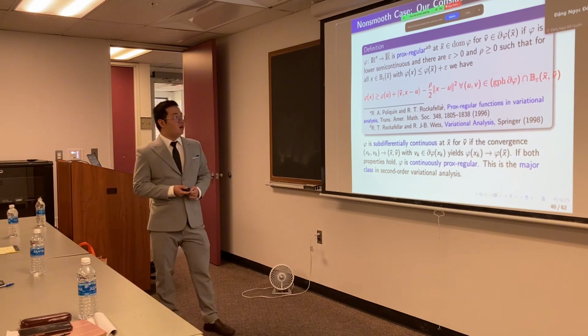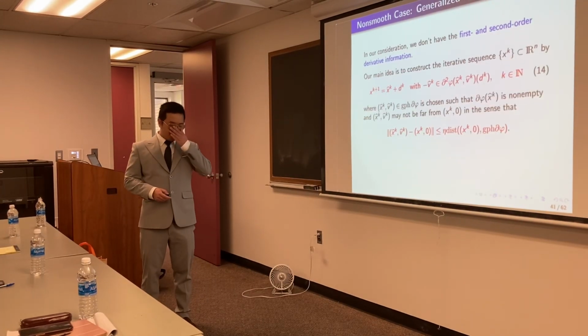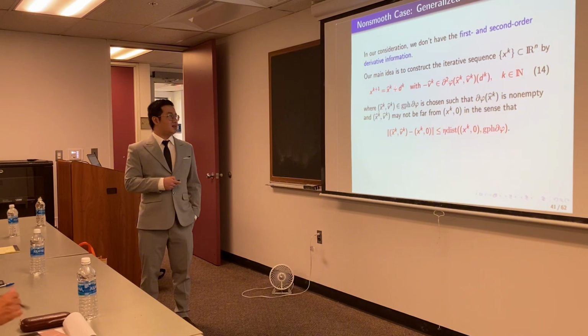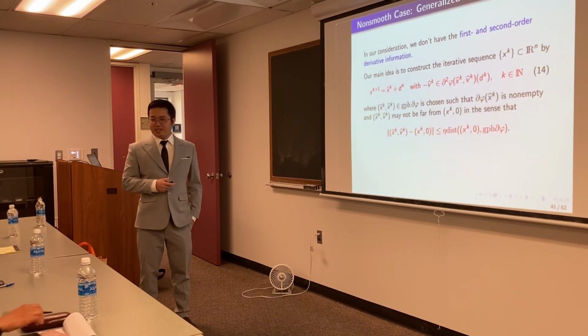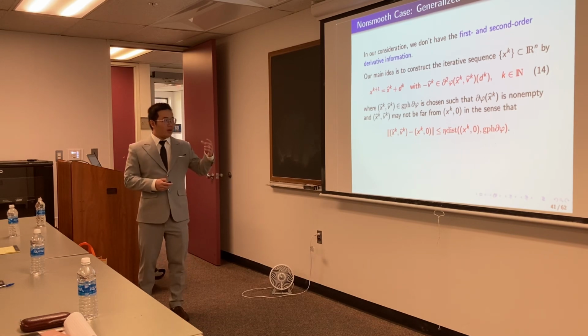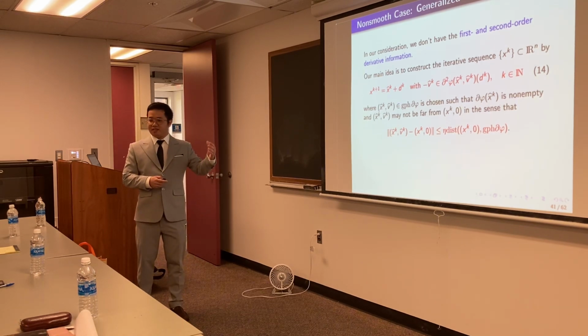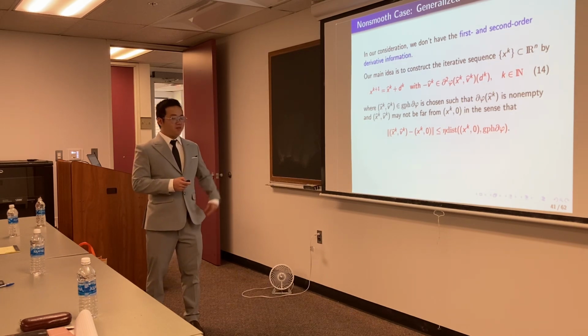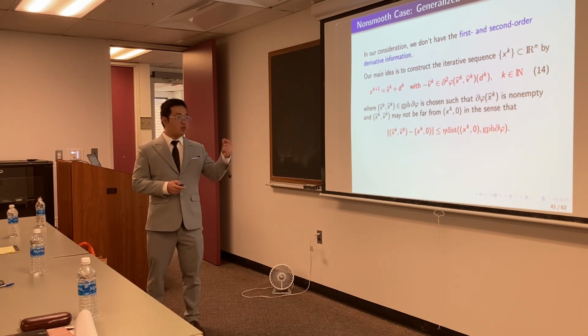For example, for prox-regular functions, from our observation at the beginning, we cannot use x_k; the sequence here is not x_k exactly, but x hat k. x hat k here is the point that is close to x_k. Why do we need to do this? Because you know that the subdifferential may be empty. So if we choose x_k and we compute the subdifferential of phi at x_k, this set may be empty.